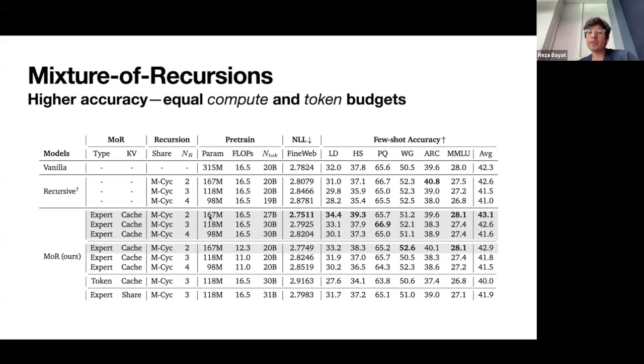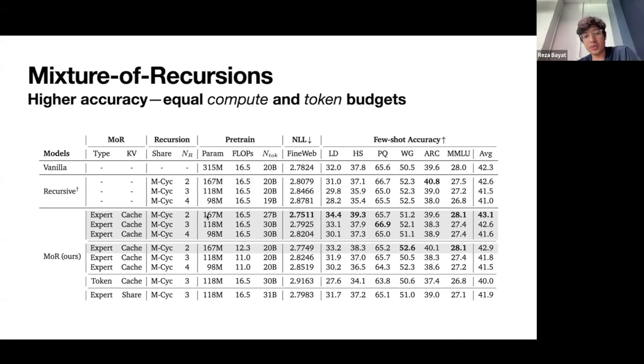We also have an ablation, which we don't have right now, where we took the same size model, for example a 165 million model, and did 2 or 3 recursions for those. We actually saw that if you do more recursion on the same base size model, you get better performance. I hope I answered that.